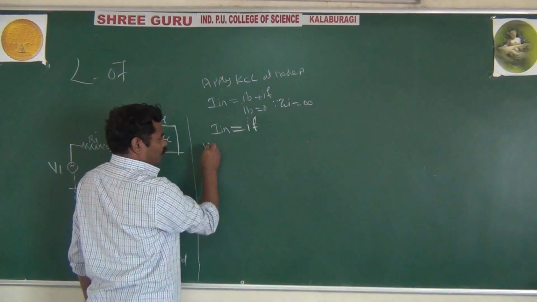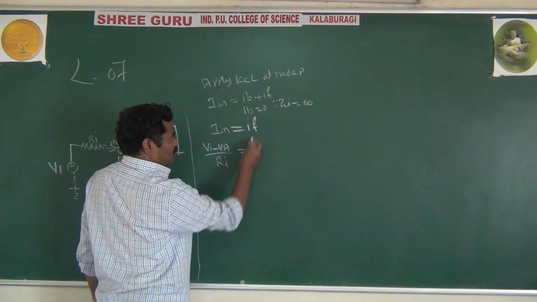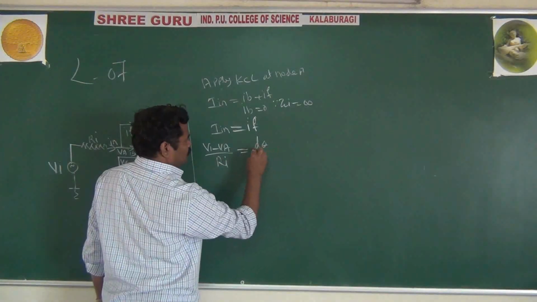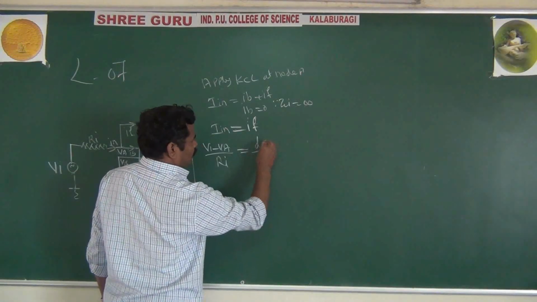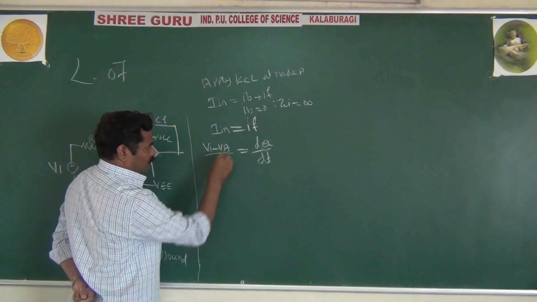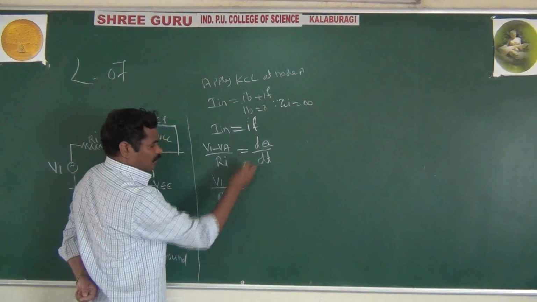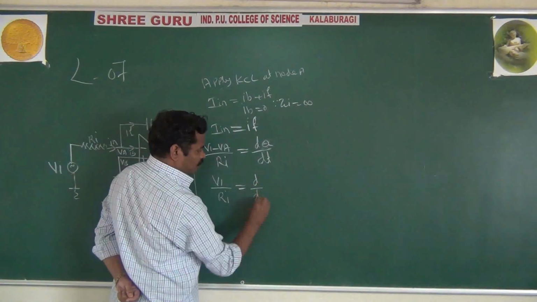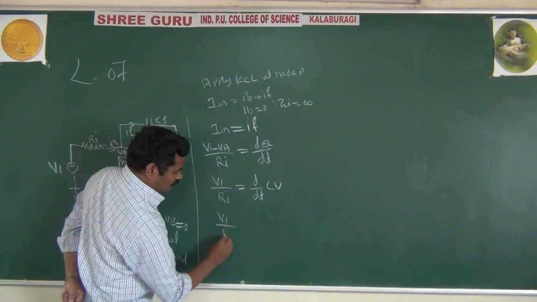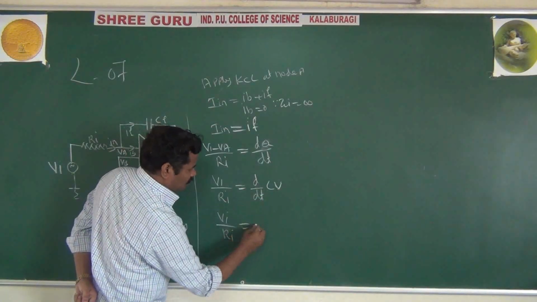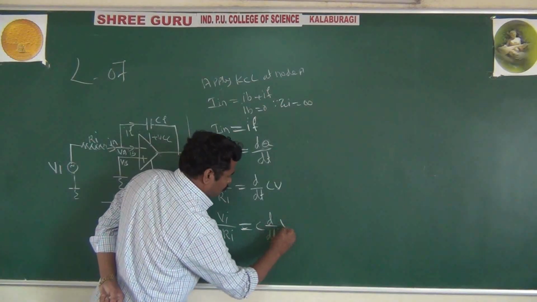And in place of I out you can write dq by dt. Here Va is 0, so Vi by Ri, and in place of q we can write d by dt of C into V. Vi by Ri as it is, and you take C outside because it is constant: C into d by dt of V.